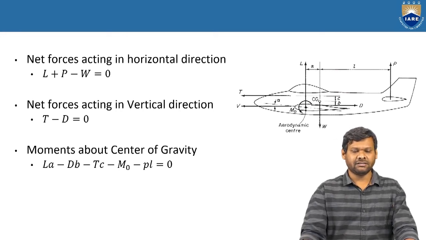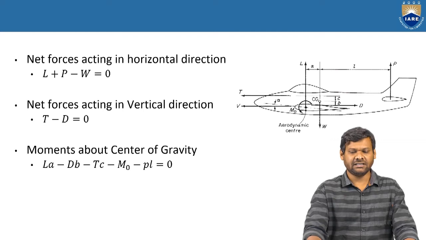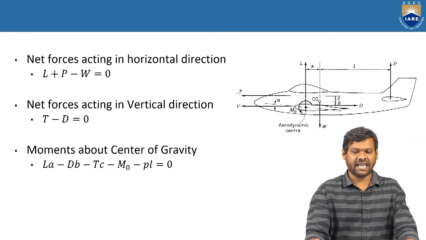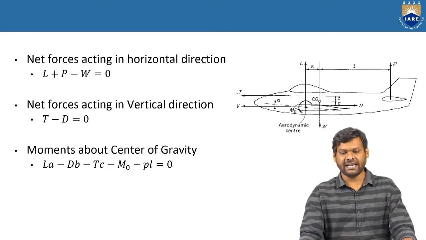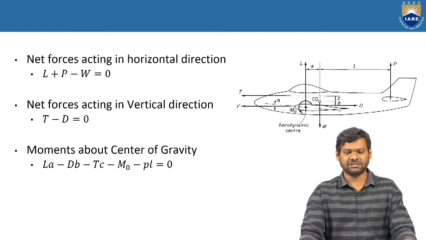Now the net force acting in the horizontal direction. When you look into the diagram, T and V are acting in the same direction, and D is acting in the opposite direction.